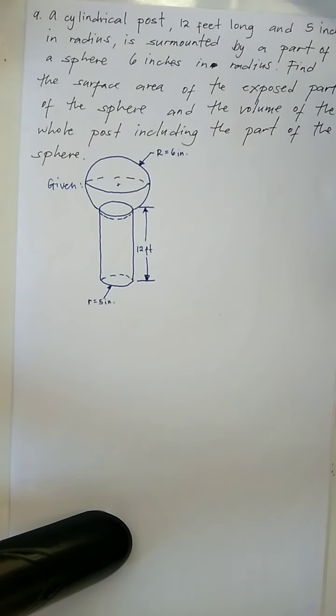It says find the surface area of the exposed part of the sphere and the volume of the whole post. Okay, so those are required.